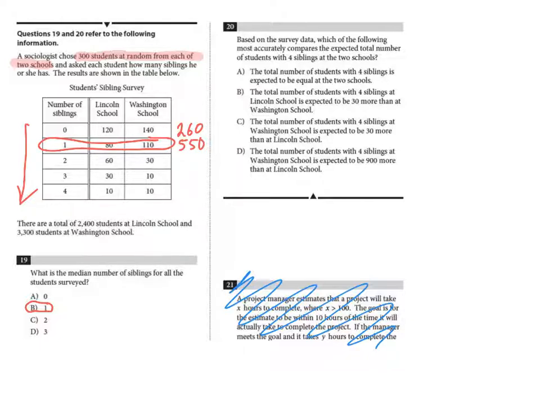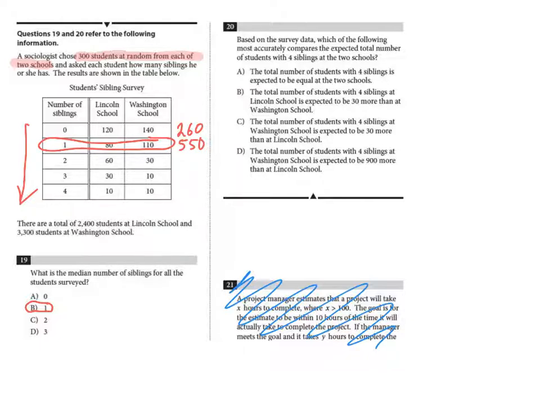B, the total number of students with 4 siblings at Lincoln is expected to be 30 more than at Washington. C, the total number of students with 4 siblings at Washington is expected to be 30 more than at Lincoln. And finally, D, the total number of students with 4 siblings at Washington School is expected to be 900 more than at Lincoln.